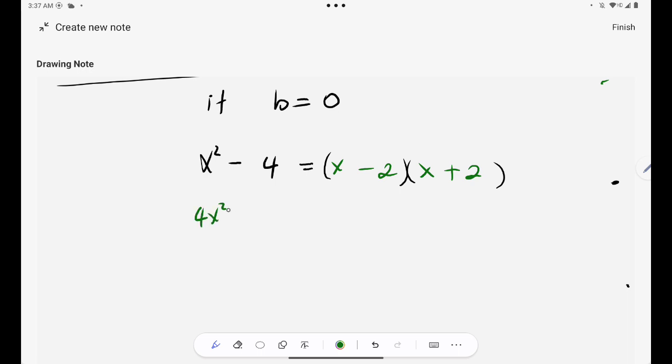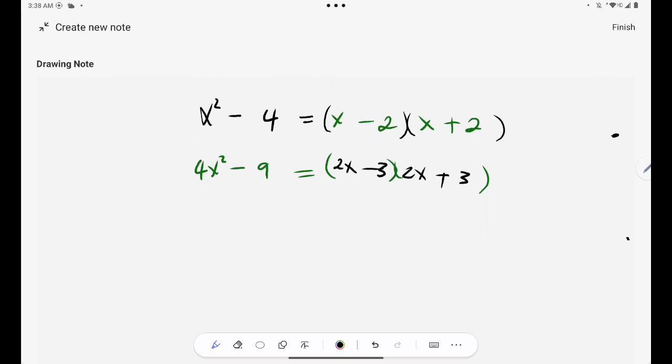You can have 4x squared minus 9, same thing applies. What is the square root of 4x squared? That's 2x. What is the square root of 9? 3. Minus and plus. Are we together? You can have a whole lot of different numbers.